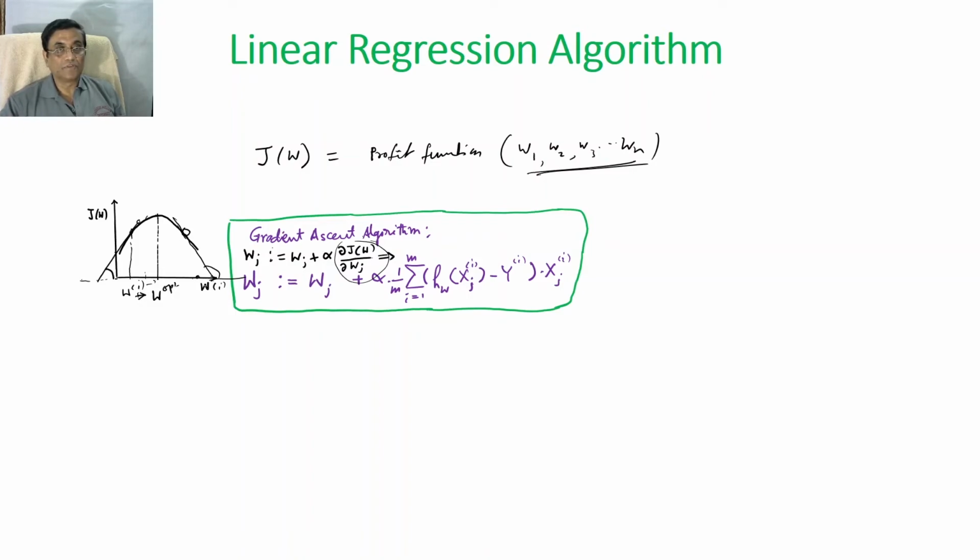Slowly but steadily, you will move towards this fixed point. So here also you can see you have a fixed point attractor. So that's all about the gradient descent and gradient ascent algorithm.